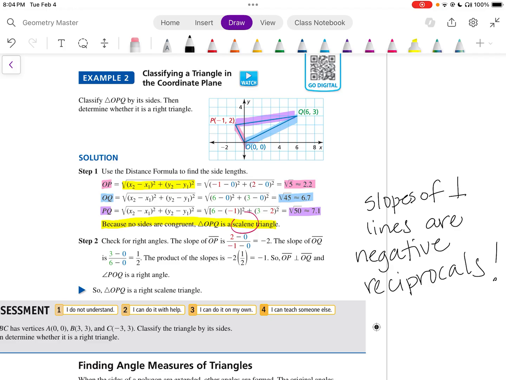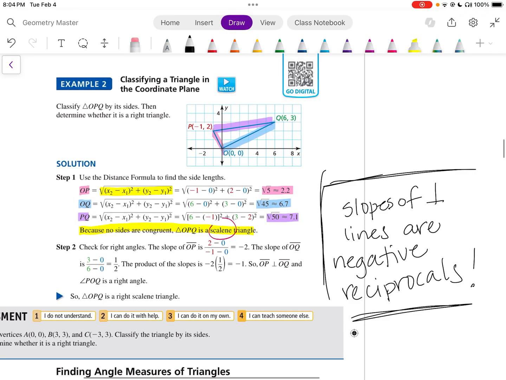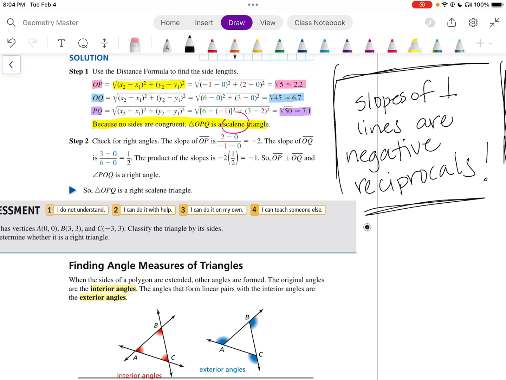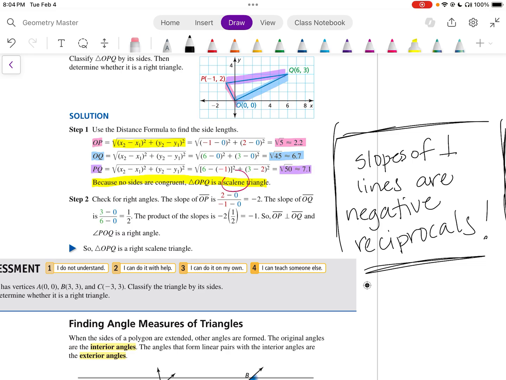That's a review from algebra, and we talked about it in chapter 3, and it came up in chapter 4 again. So this is something that's going to keep showing its head. So when we check for right angles, we look for the slopes of the lines.